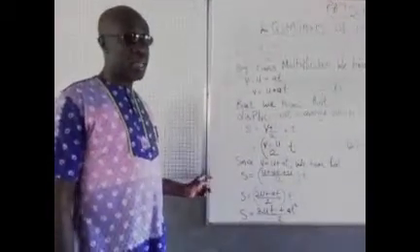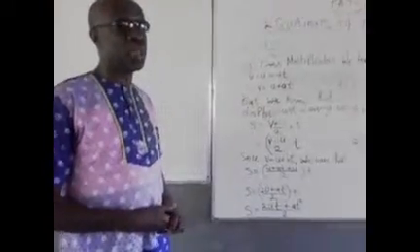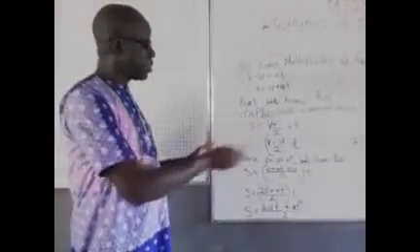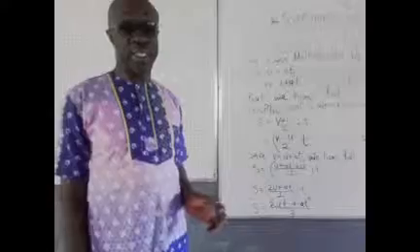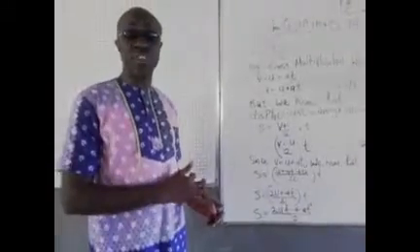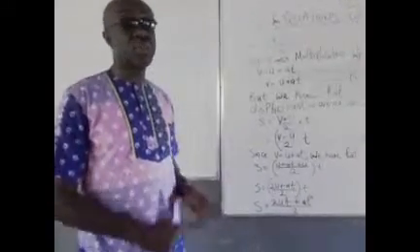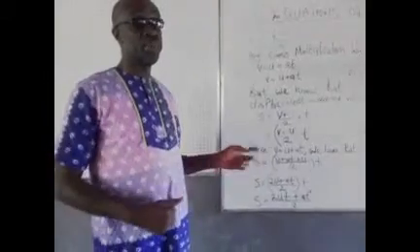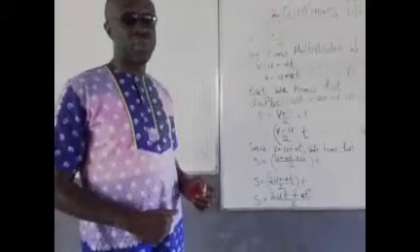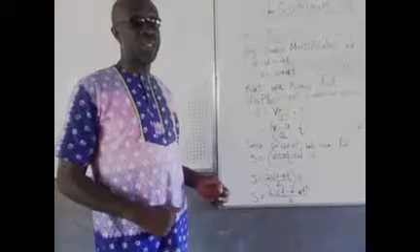That gives us S equal to 2U plus AT all over 2, bracket T, meaning multiplied by T. And when we remove the bracket, we have S equal to 2UT plus AT squared all over 2.